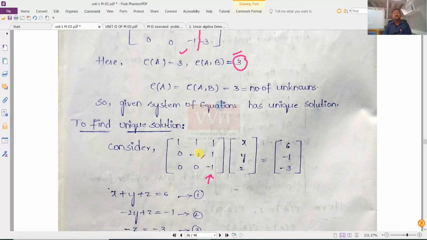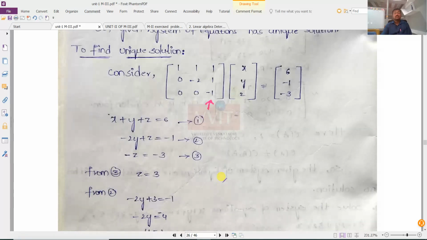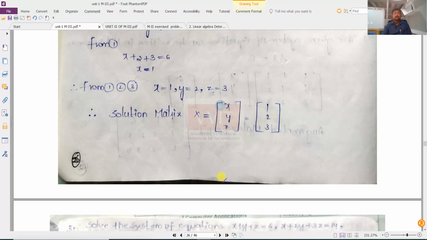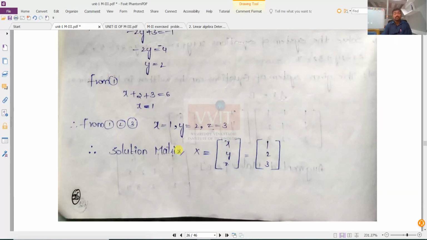Then minus 2y plus z equals minus 1 plus 3, and after simplification, and here x plus y plus z equals 6. So substituting, we get x equal to 1, y equal to 2, z equal to 3.